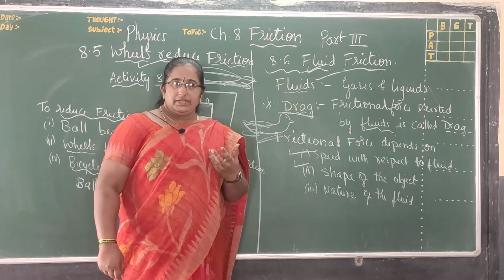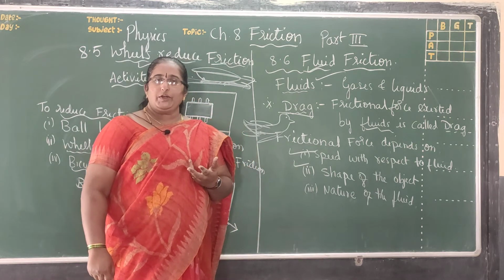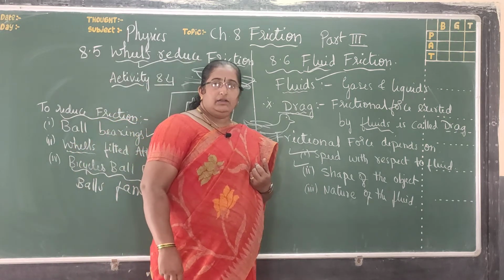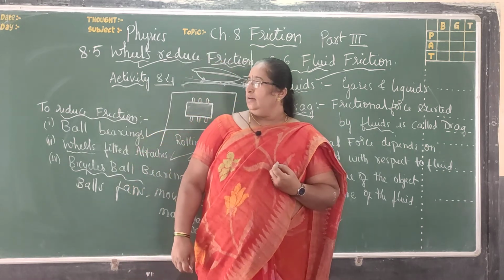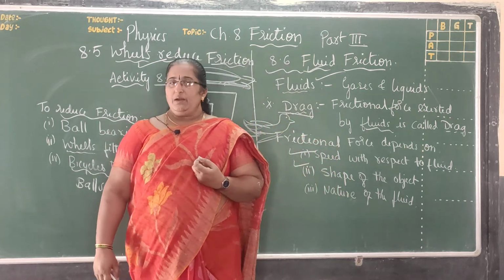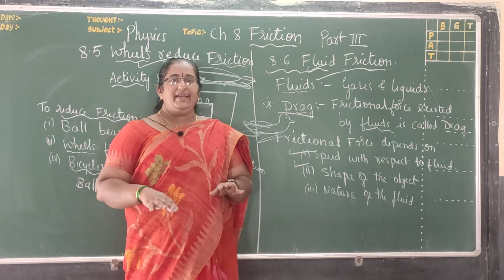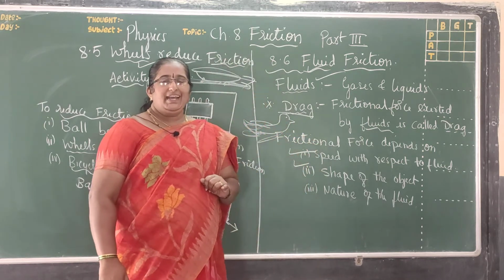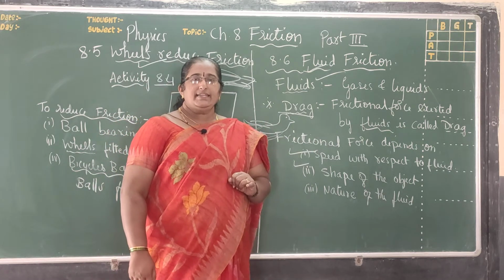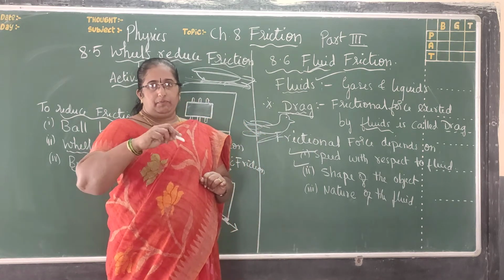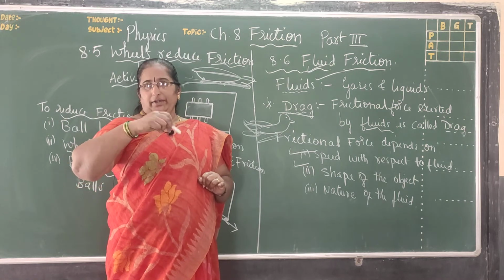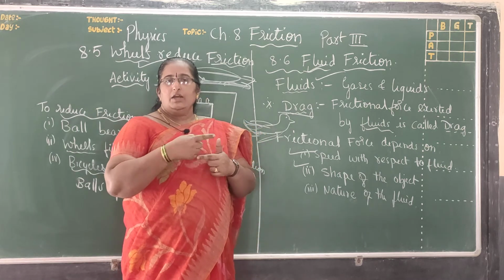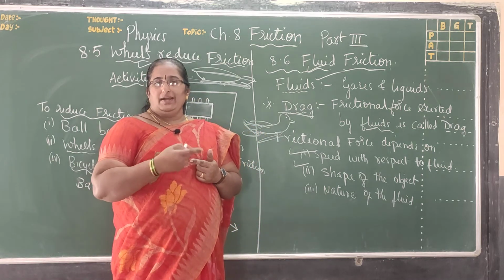The simple machine you might have observed in your house is the sewing machine, not the electric one, the traditional model having a pedaling system. There, the part which is moving, the rotating part, we need to apply oil so that it will easily move.